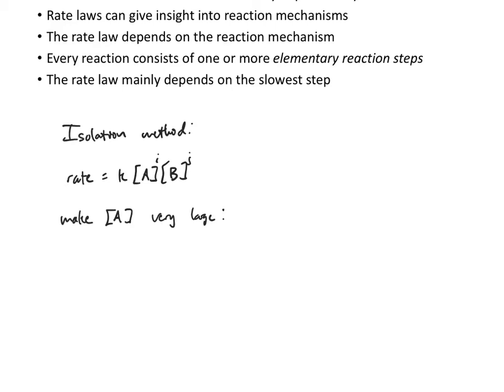And by doing that, the effect you're going to have is the concentration of A will be approximately constant. Because if it's got a very large concentration, then it's not going to run out very quickly in your reaction. So therefore, we're going to be able to write a rate law just like we did before.